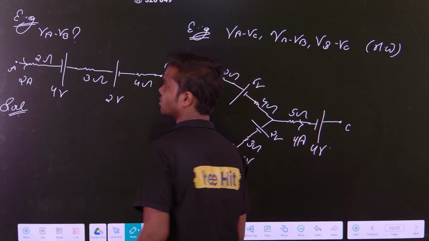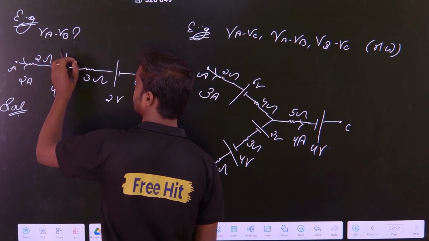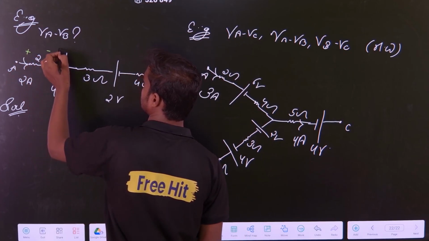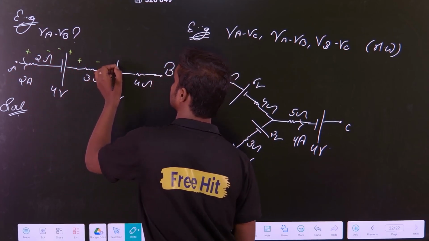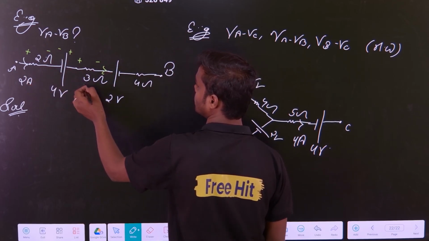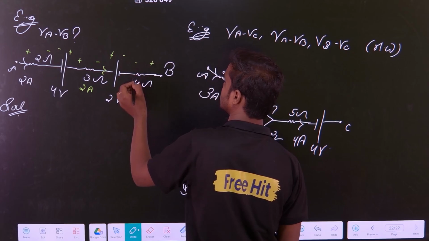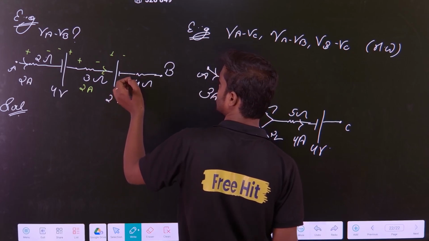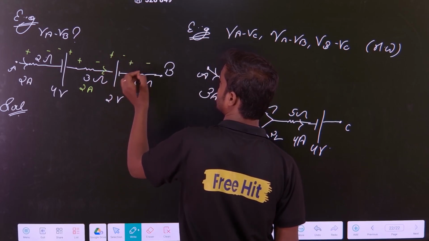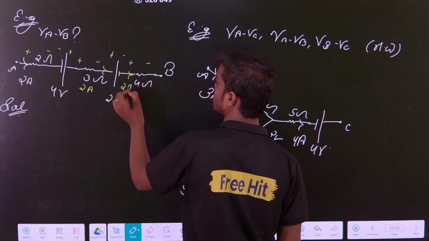First, what is the step? Just write, see, current is flowing from here to here, so plus minus. This is minus plus, this will be plus minus, because 2 ampere will go from here also. Plus minus, correct? Then minus plus, sorry, this is a resistor, plus minus, how much is the value? 2 ampere, correct?